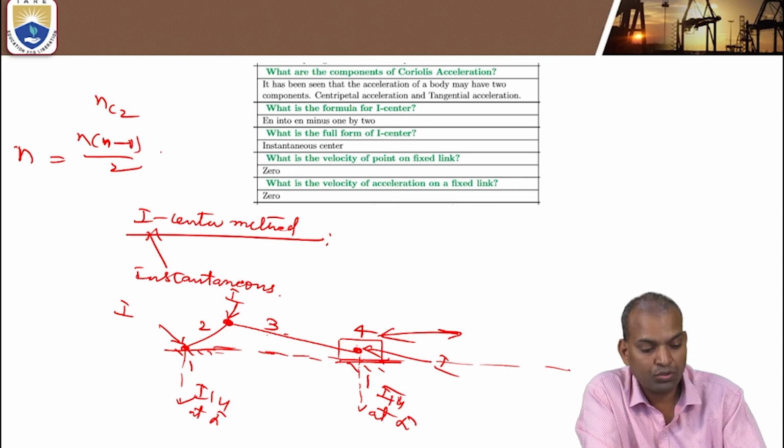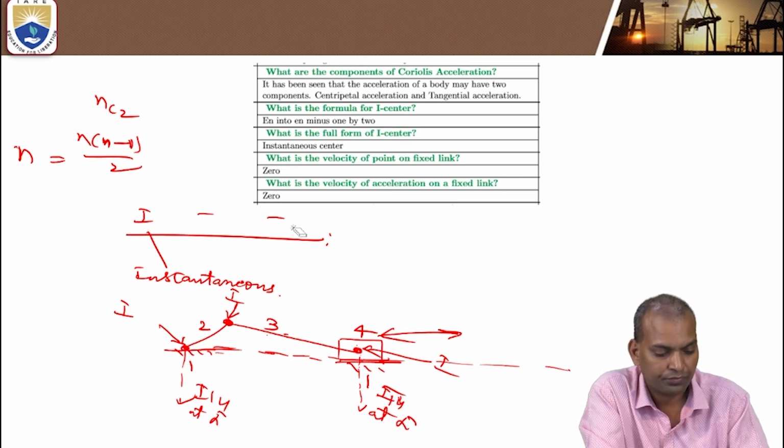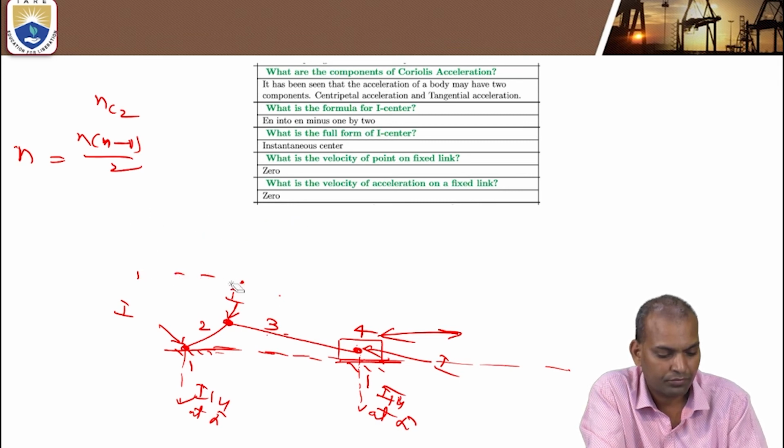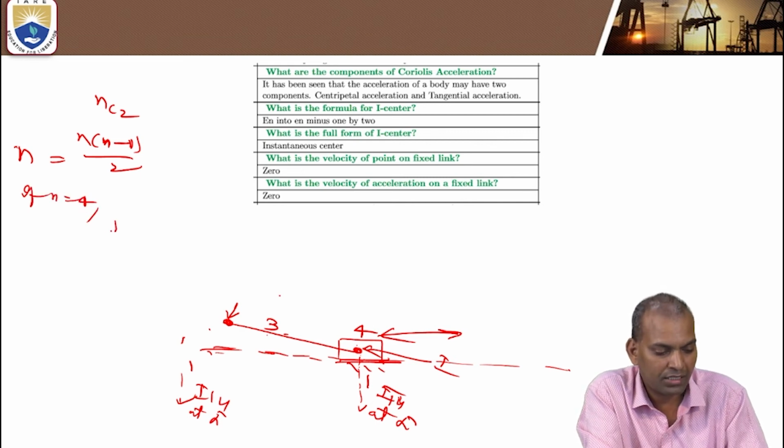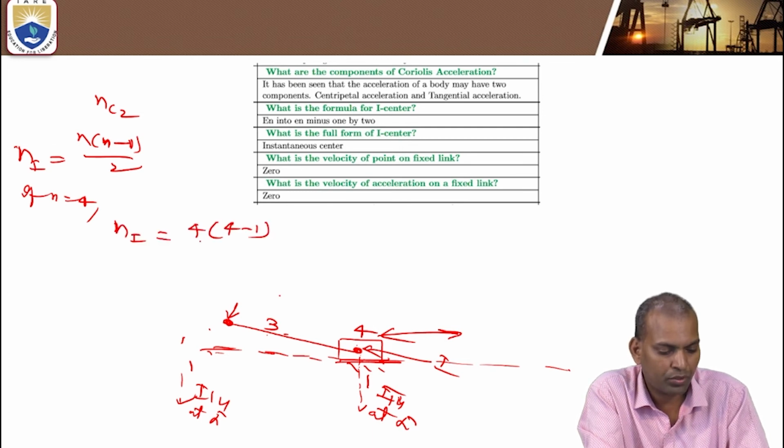If n equals 4, then the number of I-centers equals 4 into 4 minus 1 by 2.